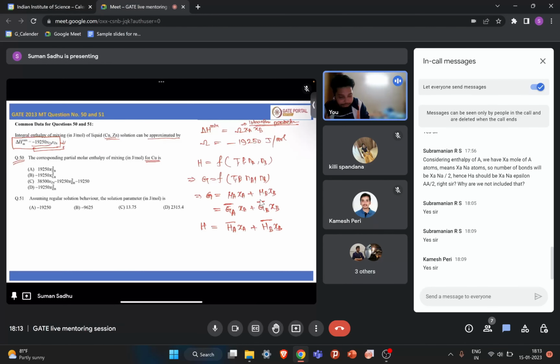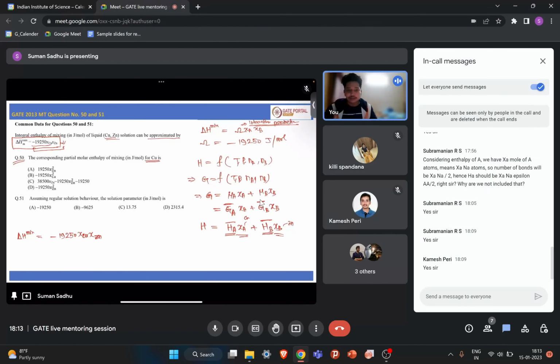For this equation we have to write in this form, so then only we can identify HA and HB values. In this case, let's say A is copper and B is zinc. So delta H mix is minus 19250 X of copper, X of zinc.